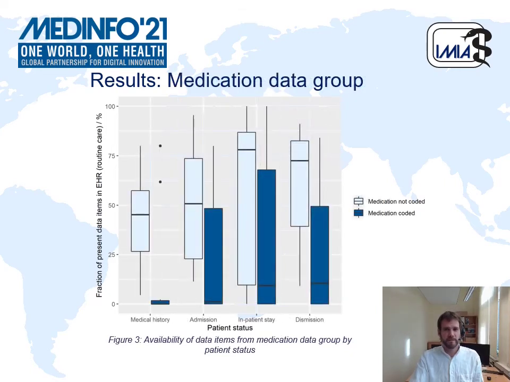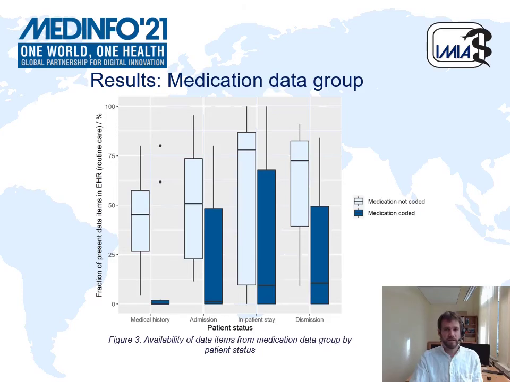In some respects, the behavior of the medication data group is similar to the procedures data group. Probably less pronounced but still detectable, the availability in the documentation of coded medication during inpatient stay is above the availability during other stages.